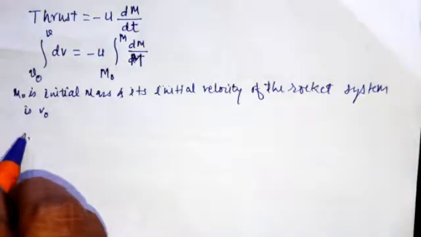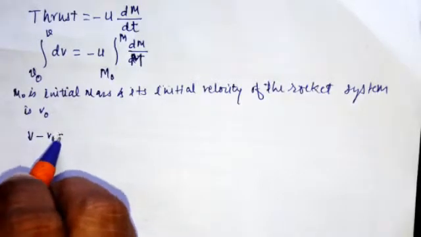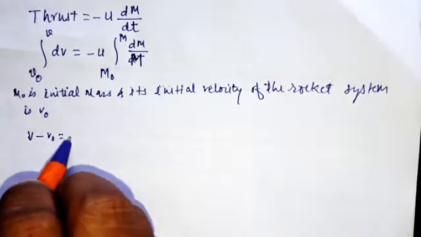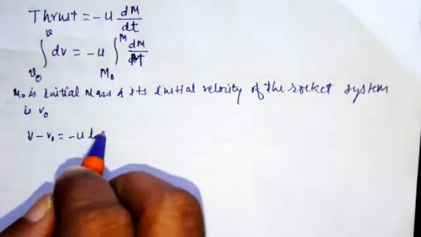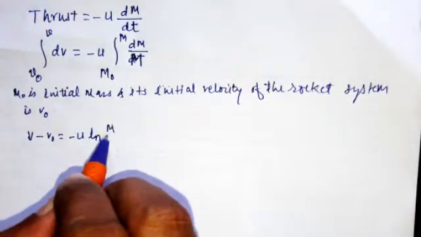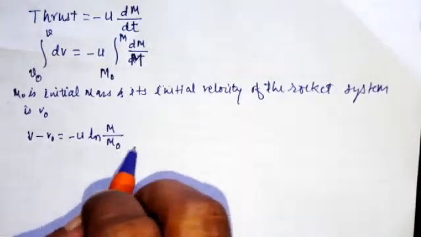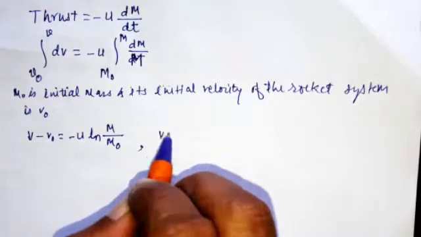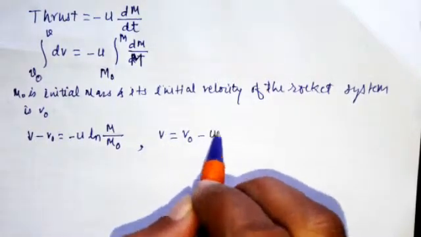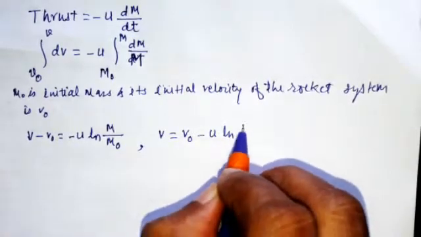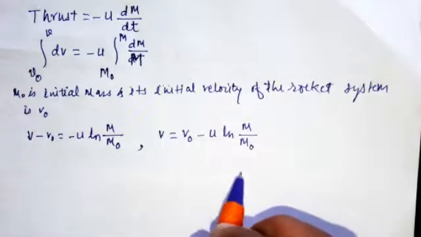So here v minus v0 is equal to minus u natural logarithm of m upon m naught. So we can write this equation as v is equal to v naught minus u natural log of m upon m naught.